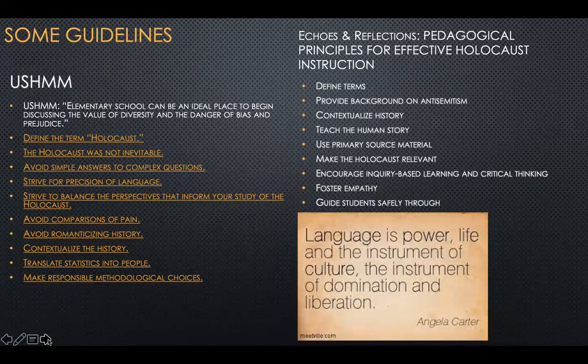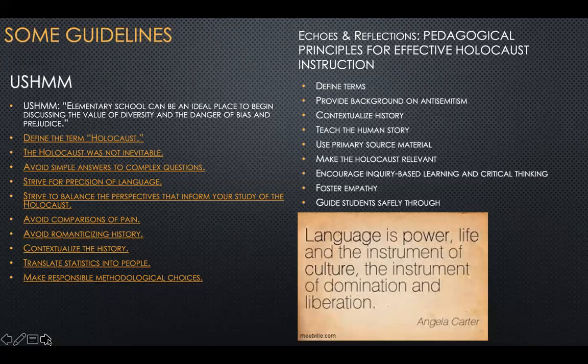So you want to contextualize whatever the story is that's being told, and to make it human and foster empathy. So really thinking about not just reporting statistics, but giving a human face and human names. And that's one of the reasons why Echoes and Reflections really suggests using primary source material.